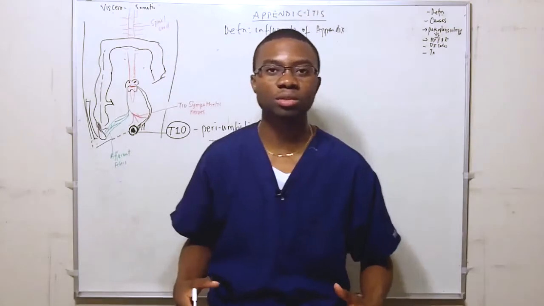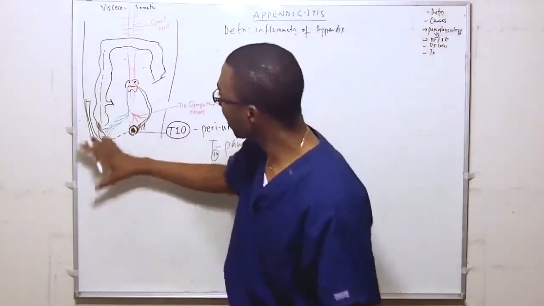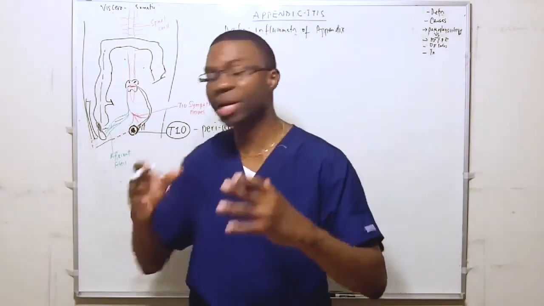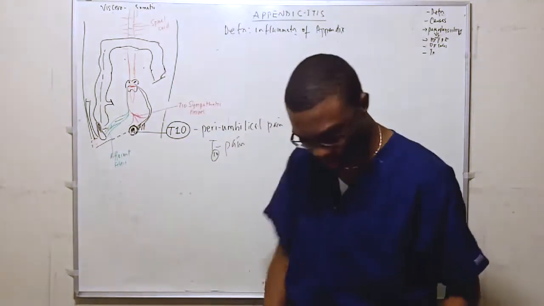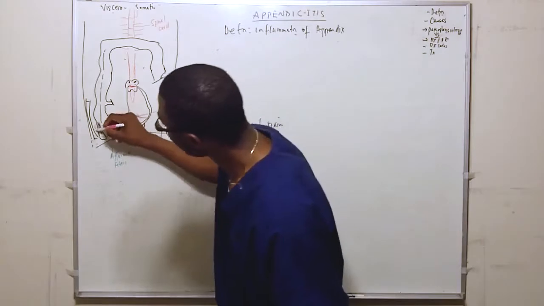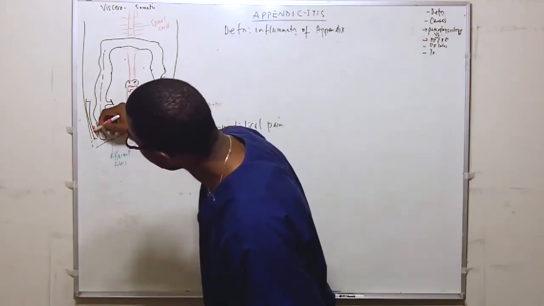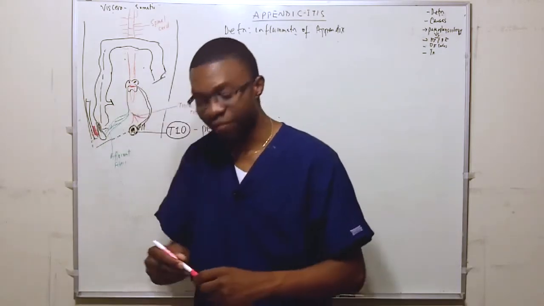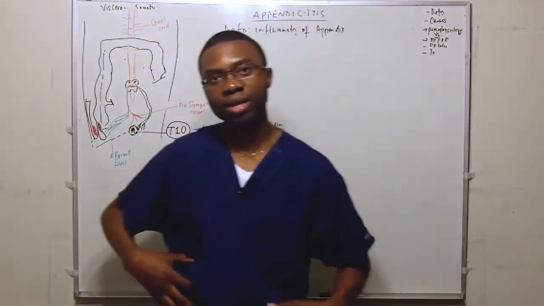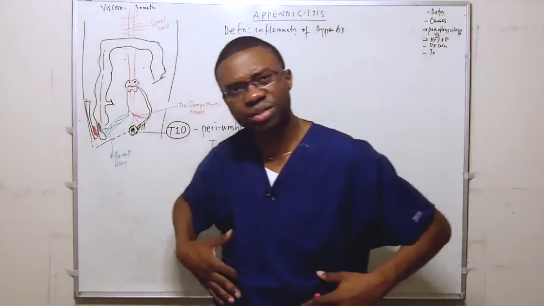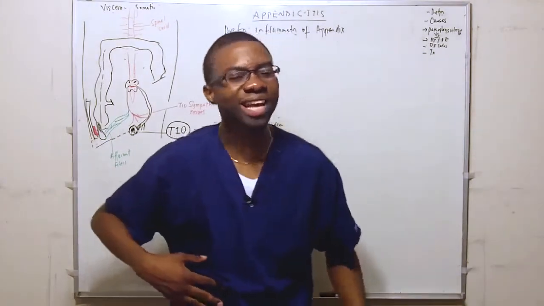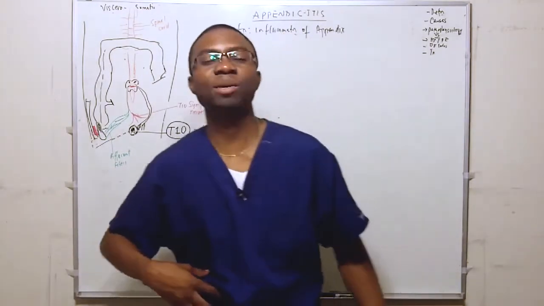That's where it starts. However, as the appendix gets more and more inflamed, the inflammation all of a sudden starts to rub on the peritoneal cavity. And eventually the skeletal muscles, right? The rectus abdominis, the transversalis muscles, the oblique muscles, they get inflamed, and then it becomes right lower quadrant.